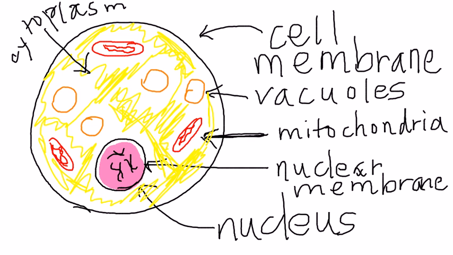Now, one of the things I wanted to move on to, let me go ahead and clear this off. One of the other things I wanted to show you was our plant cell, because the plant cell has a couple of other features. So in a plant cell, I have a cell membrane, okay?